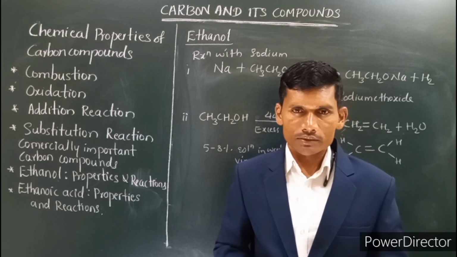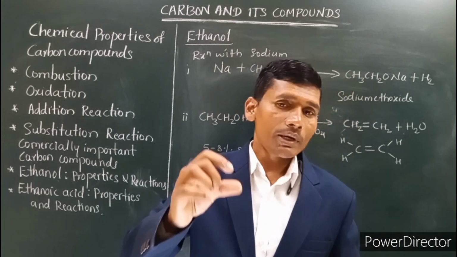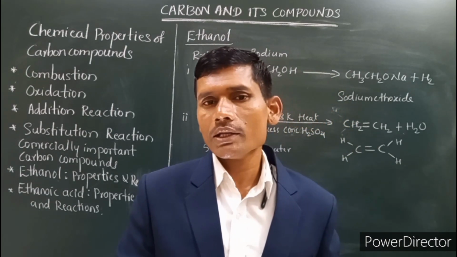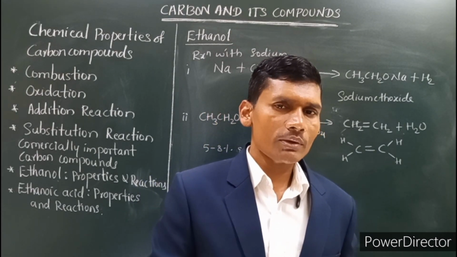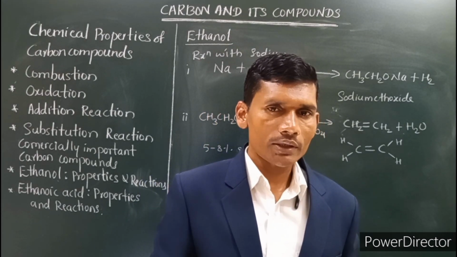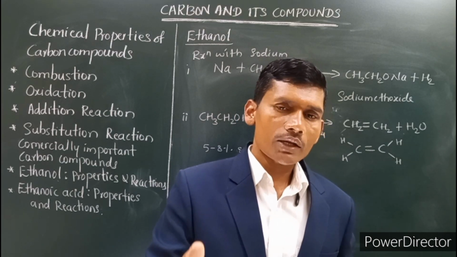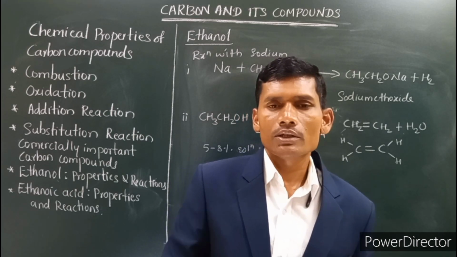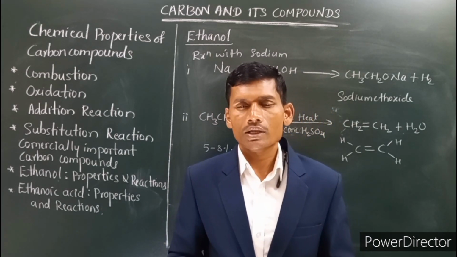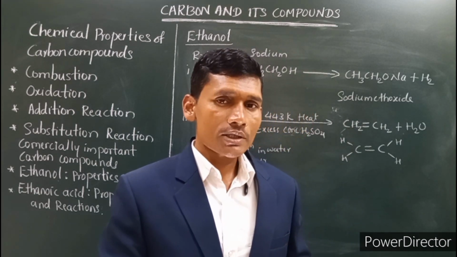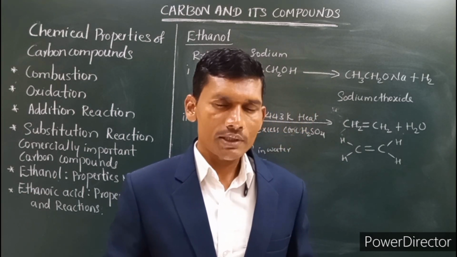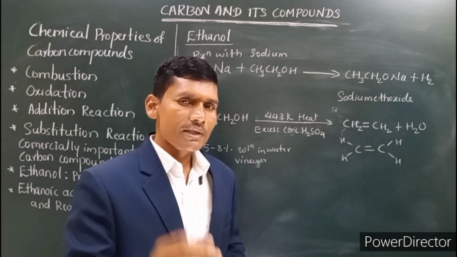Now, this acetic acid has a melting point of just 290 Kelvin. 273 Kelvin is 0 degree Celsius, as you know already. At 290 Kelvin its melting point is there, so during winter, in cold climatic conditions, it solidifies, meaning it freezes.